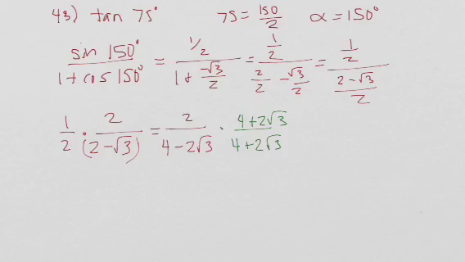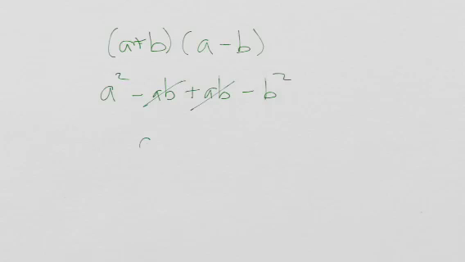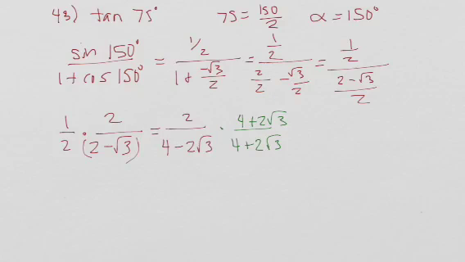It goes back to the idea that if you are doing FOIL with a plus b times a minus b, the middle terms end up canceling out. You get a minus ab and a plus ab. The middle terms cancel and you're just left with a squared minus b squared. I'm using that from Algebra 1, if you remember.